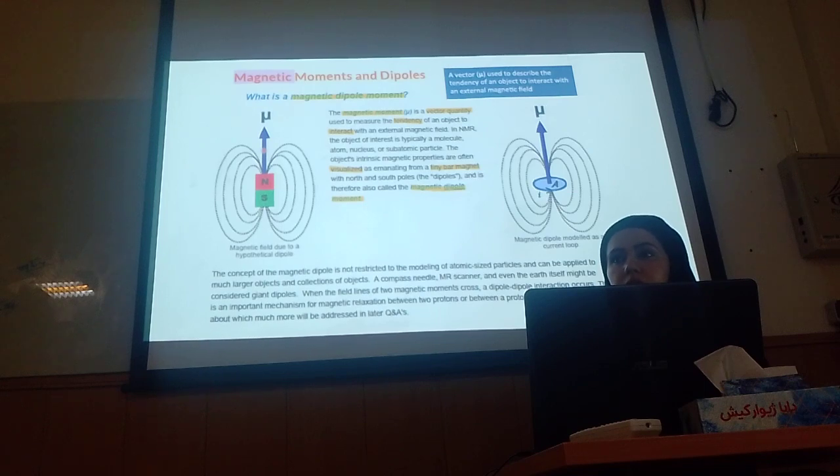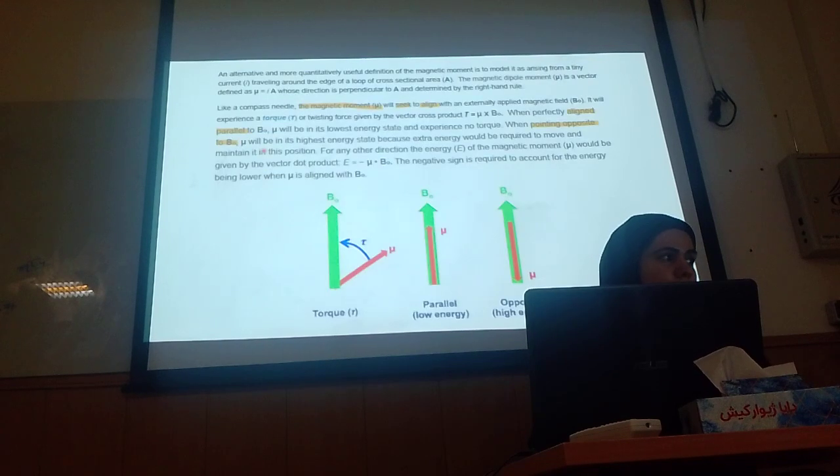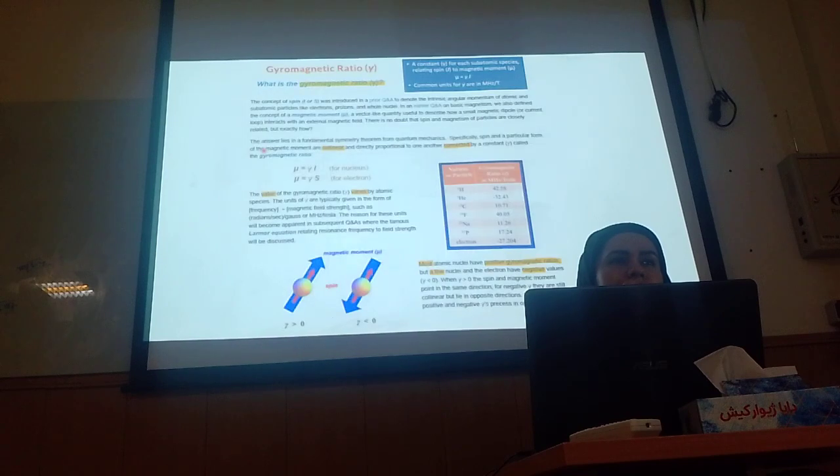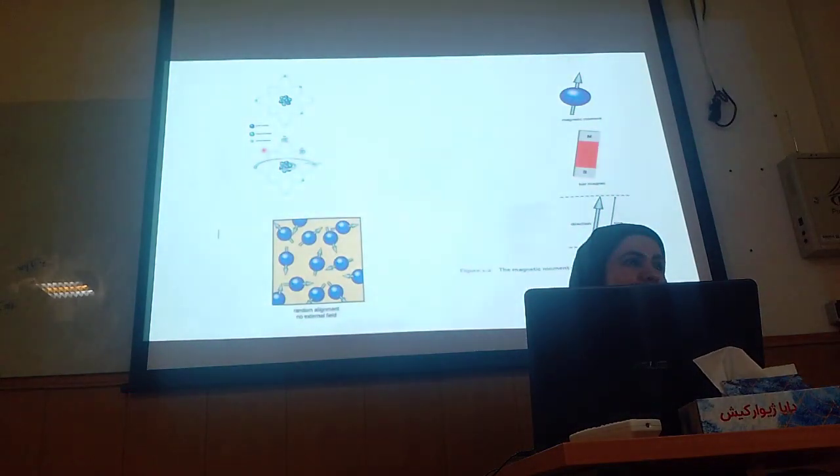My body is full of hydrogen. But why don't I show a magnetic property? Because the spins of the protons are in different directions, some perpendicular, some parallel, some opposite.